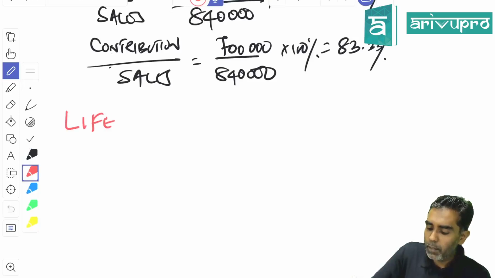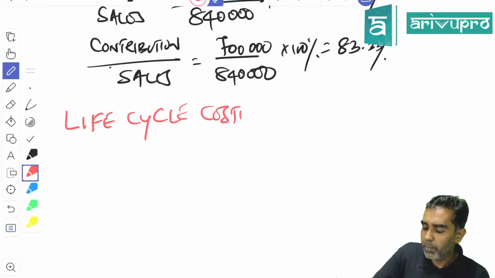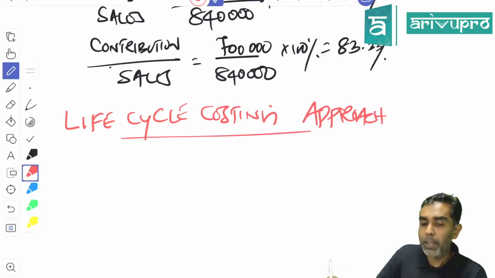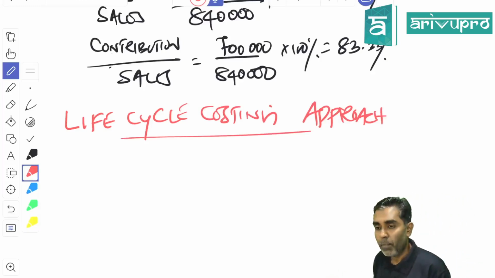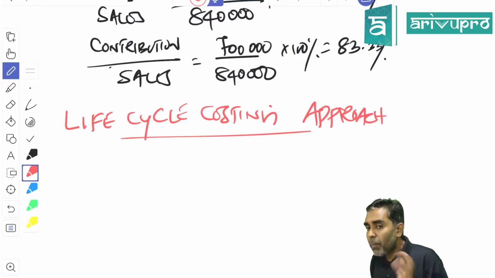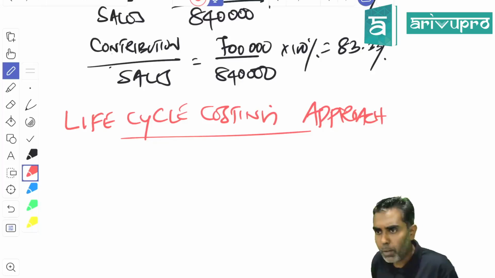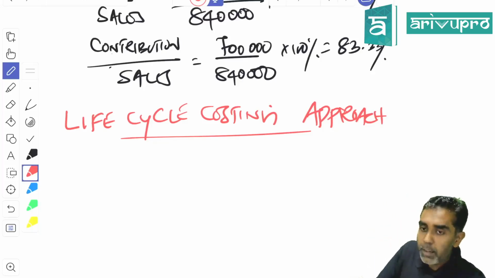Life cycle costing approach. You tell me what needs to be done. From your net profit, you'll have to adjust the research and development cost, design and development.